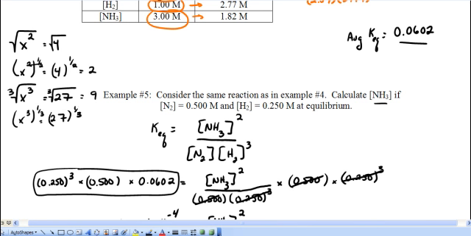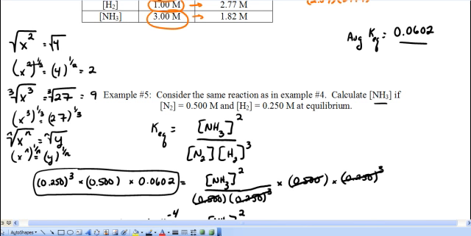So the bottom line is if you have x to some power n equaling y, whatever it is, you can either take the nth root of both sides, or you can raise both sides to the 1/n power.